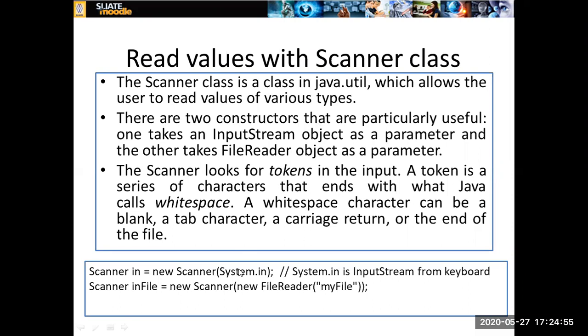One constructor takes an input stream. That means the stream of characters we enter from the keyboard. That stream is taken as a parameter by one constructor. You can see here we have to mention System.in, right? Here it will take the input stream.